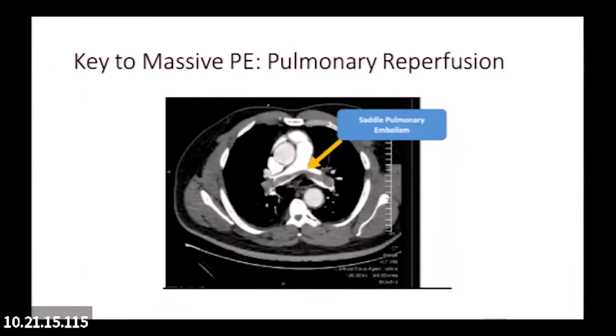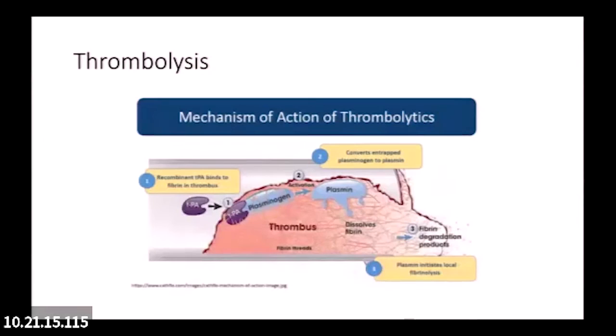The key to massive PE is to reperfuse the pulmonary artery as soon as possible. Traditionally, we used heparin to treat, but the mortality was very high. Then in the 1970s, people started to think about thrombolysis.